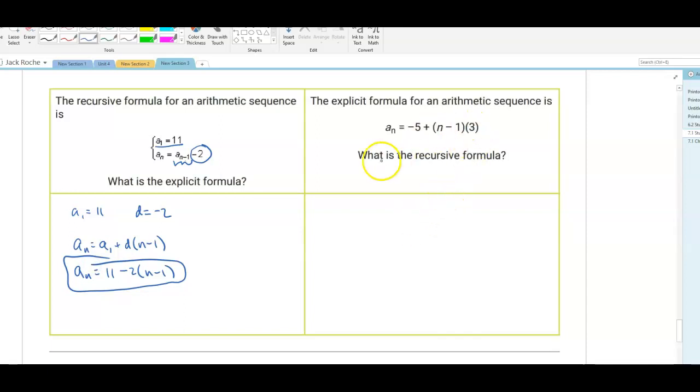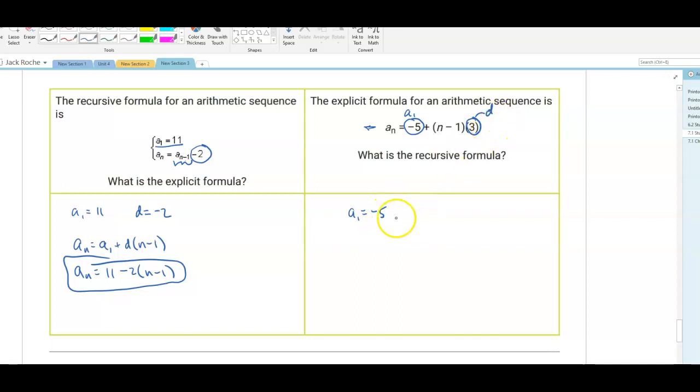Now when we look at this, this here is your explicit rule, where this right here is your a sub 1. They put the common difference over here, but that is your common difference d. So if I had to write the recursive rule, I need to state the first term, which is negative 5.